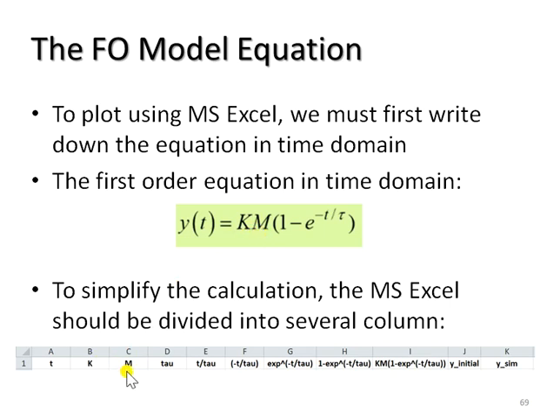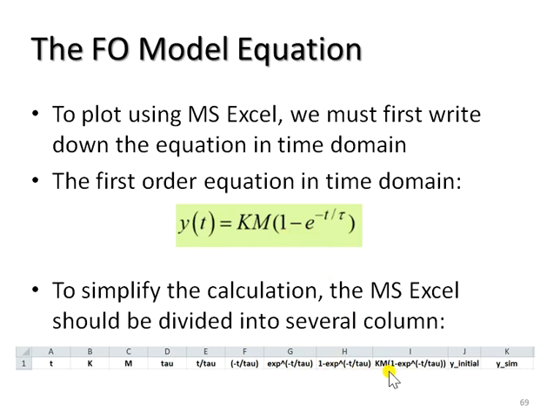And then the following column is tau, the given time constant, and then t over tau to implement this equation, and then minus t over tau, and then exponential minus t over tau, and then 1 minus exponential minus t over tau, this term.